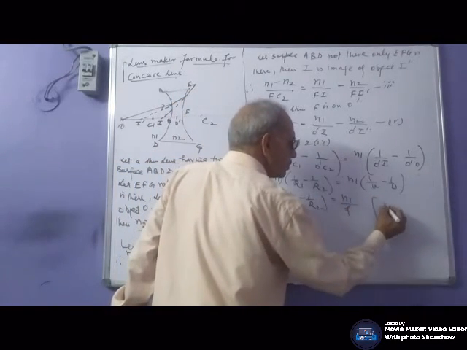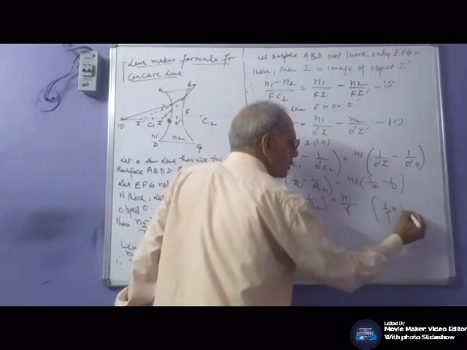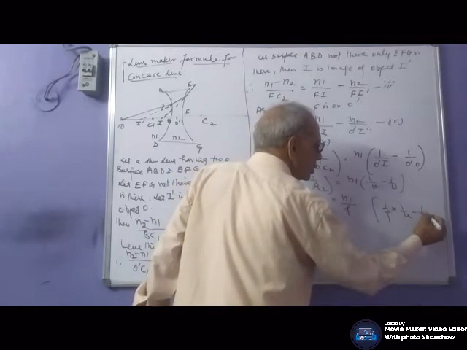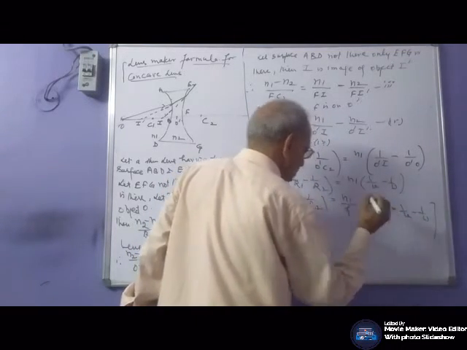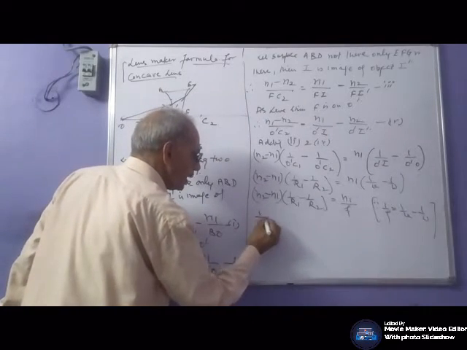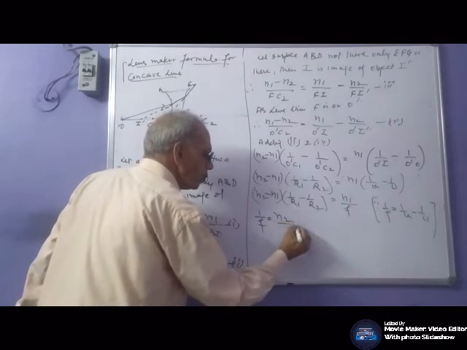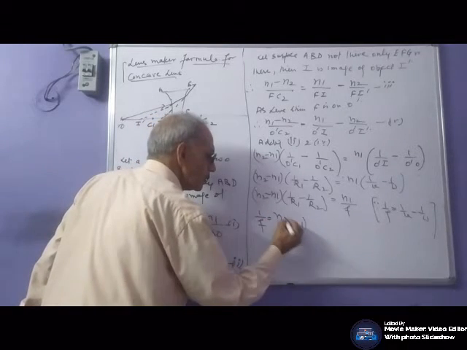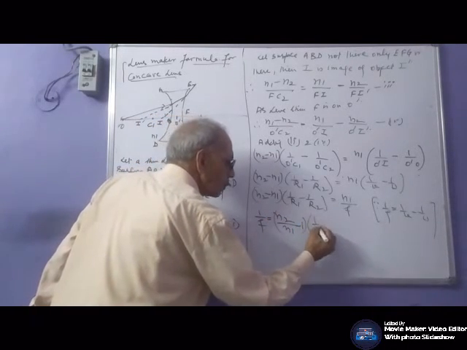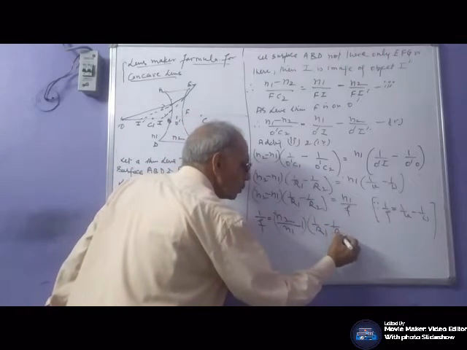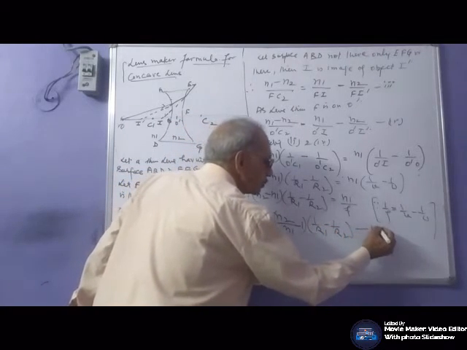Why? Lens equation: 1 by F is 1 by V minus 1 by U. Lens equation. Or 1 by F, take N1 to this side: (N2 by N1 minus 1) times (1 by R1 minus 1 by R2). This is fifth.